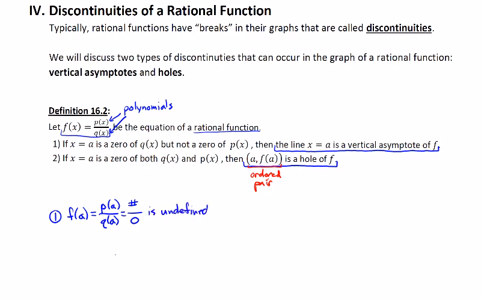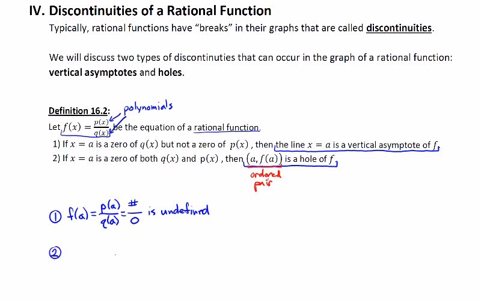That's been our divide by 0 error since the first week or two of class. So anytime we get an undefined result when we plug something into the equation, that is representative of a vertical asymptote.